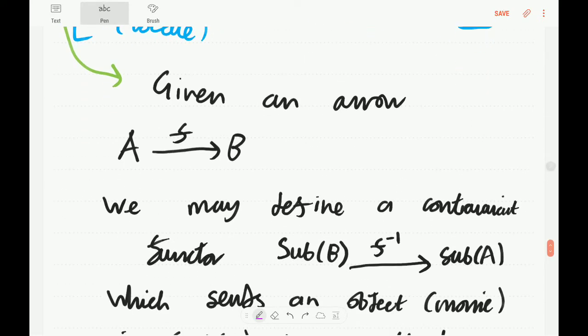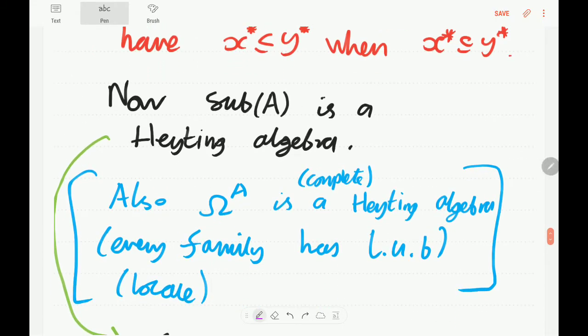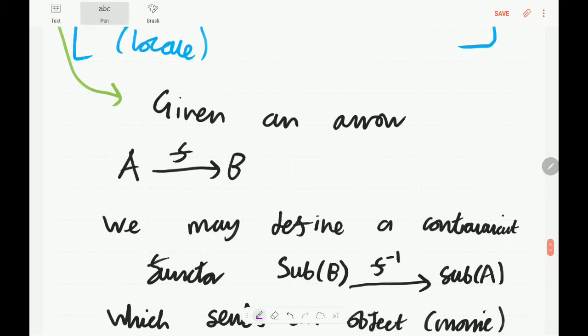Now, this is another very lovely idea, which is basically going back to this discussion of sub A as a Heyting algebra.